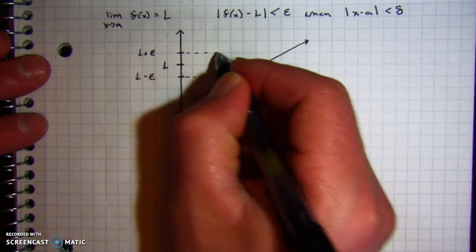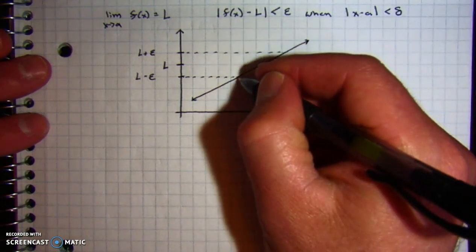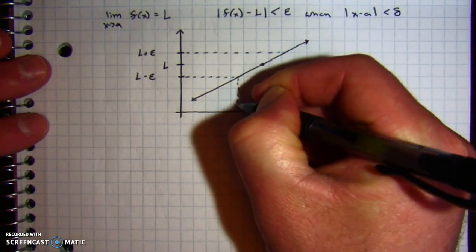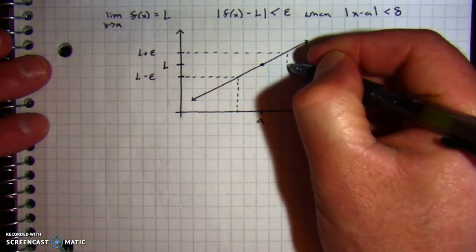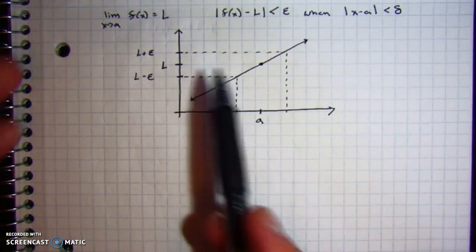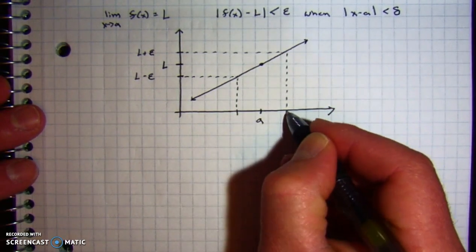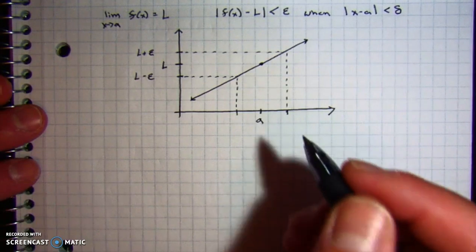If I draw lines over and come down here, now we have a corresponding interval down here on the x-axis.